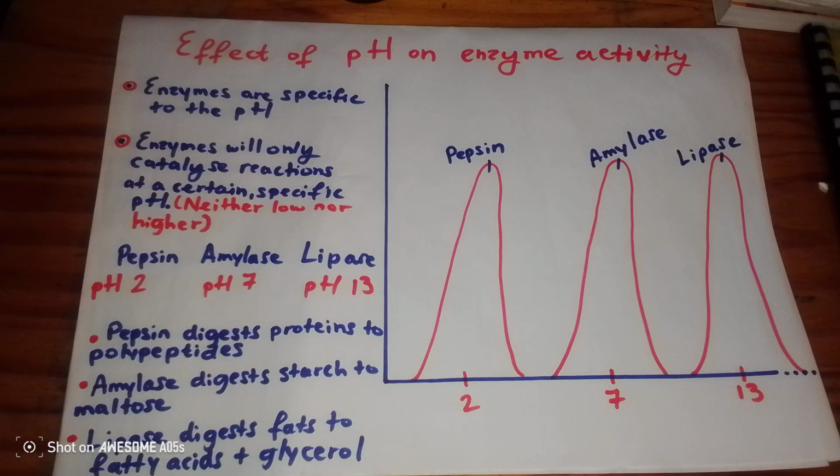But if you can't understand anything I'm saying here based on temperature, I suggest you go watch the video on enzymes part 1, enzyme specificity, and the effect of temperature on enzyme activity.